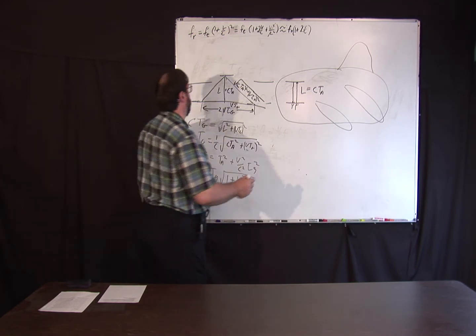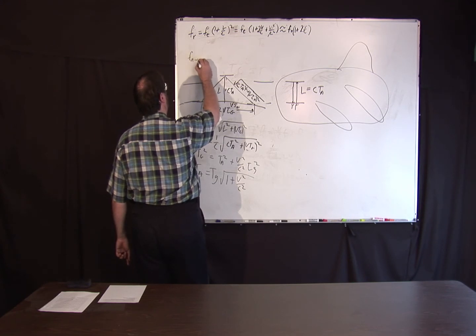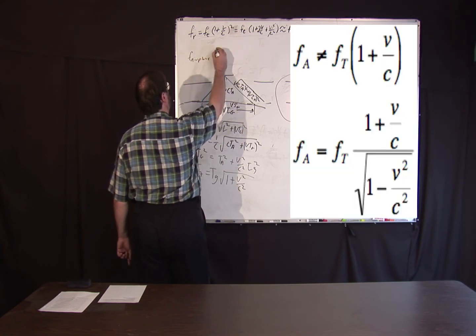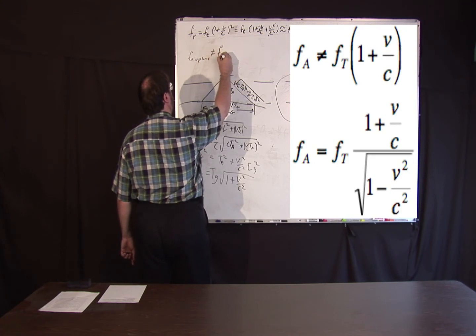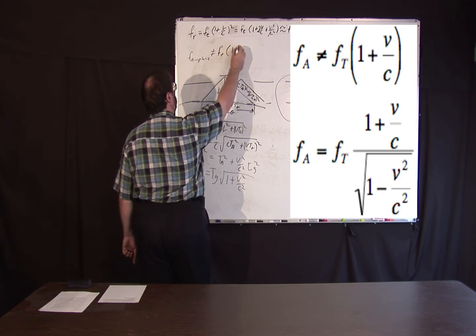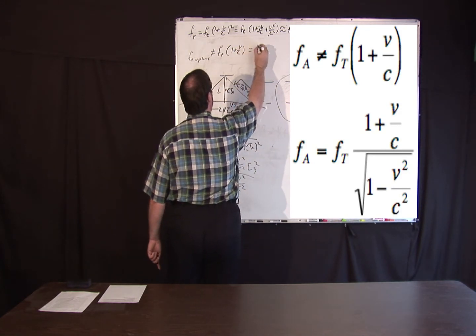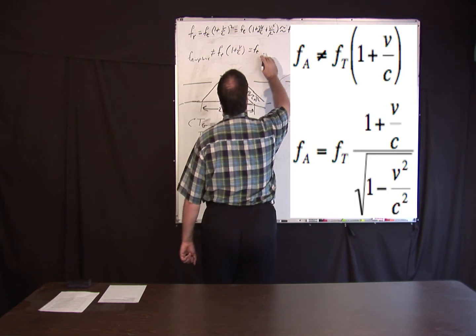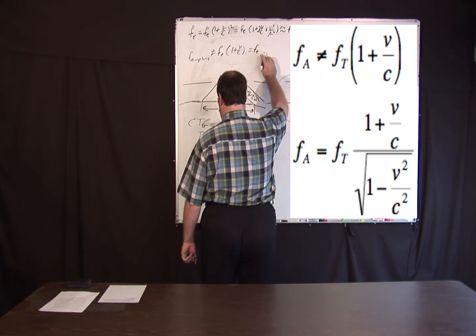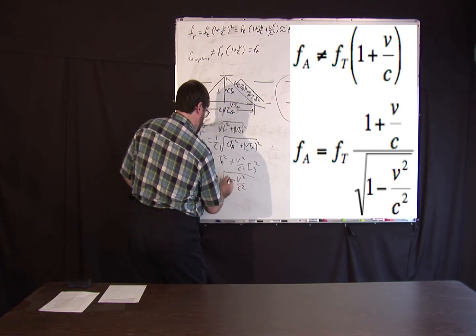So F airplane, instead of being this, is not equal to F transmitted times 1 plus V over C. Instead, it's equal to frequency transmitted, whoops, this is 1 minus, sorry.